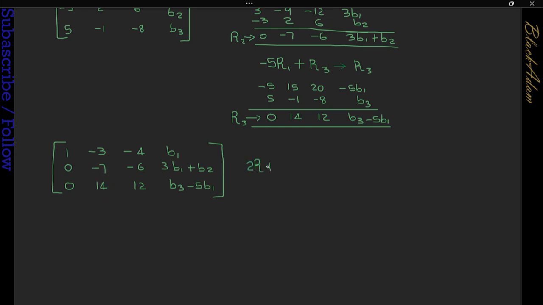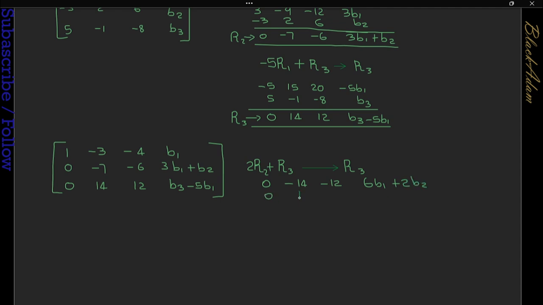So that's going to be 2 times row 2 plus row 3, and the final result will be row 3, so we keep row 2 constant. Multiplying by 2: 0 times 2 is 0, -14, -12, and 3b1 times 2 is 6b1 plus 2b2.